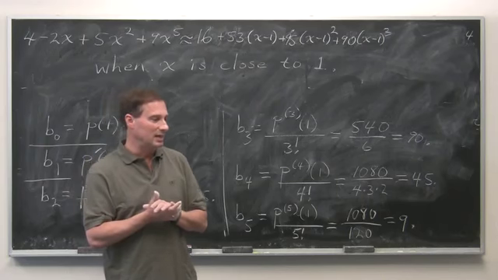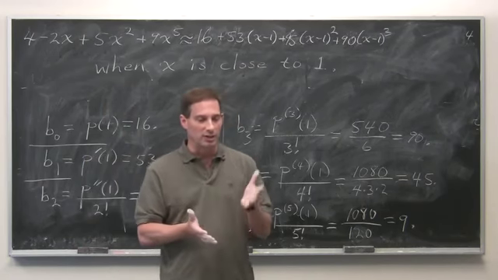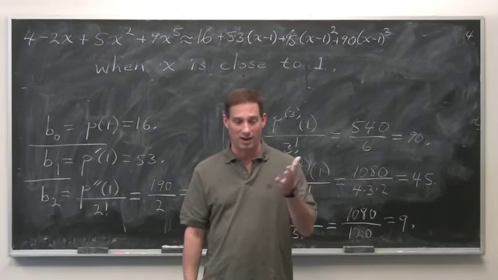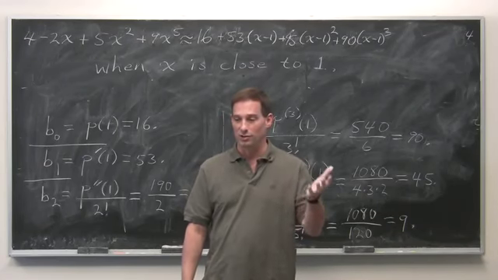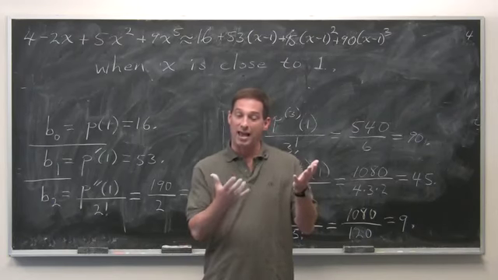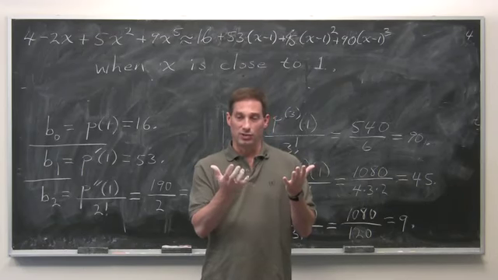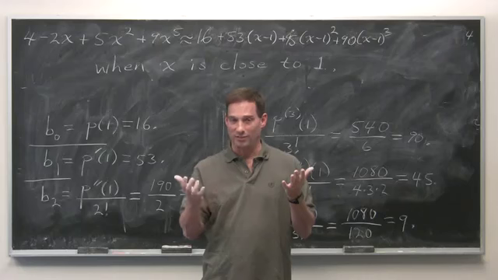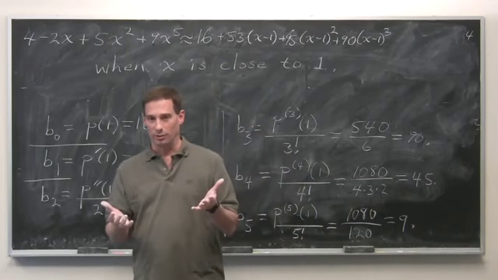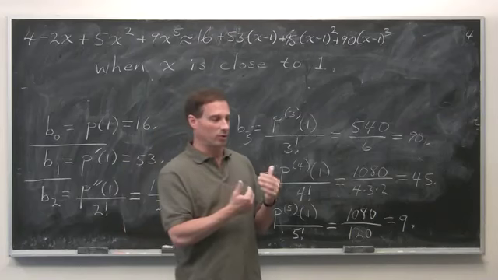Suppose, though, that you're given a polynomial in powers of x, or just given a polynomial function, regardless of how it's written, and you want to write it as a polynomial centered at 1 or 17. What do you do? And that's the last topic that we were covering.